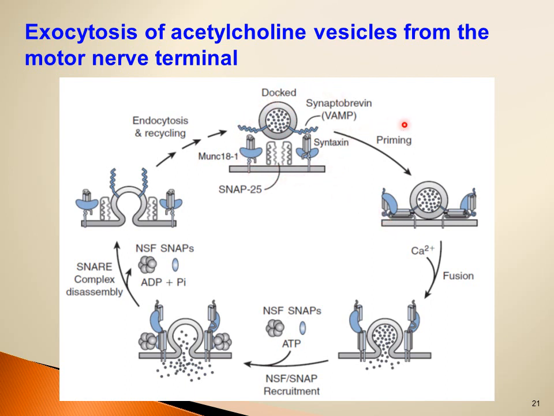This will be followed by priming of the synaptic vesicle in preparation for its fusion with the presynaptic membrane once calcium enters through the voltage-gated calcium channel. Then the vesicle membrane will detach and be recycled by endocytosis, and then the synaptic vesicle will be refilled with acetylcholine that is formed in the cytoplasm, and the process will keep repeating over and over.